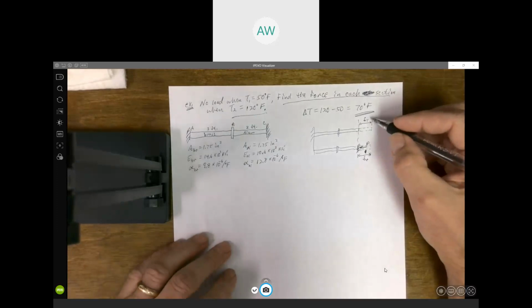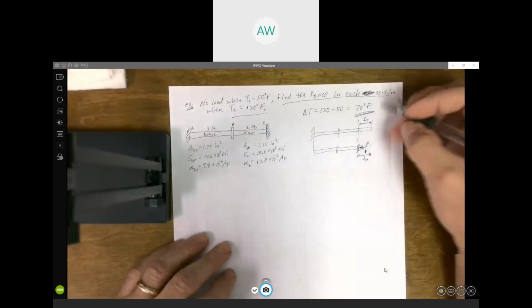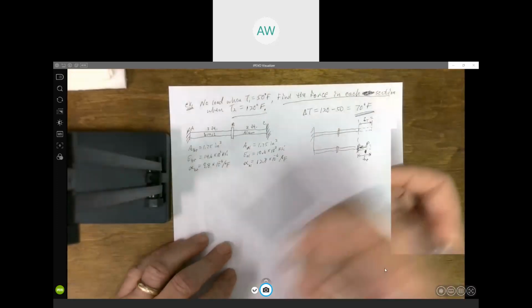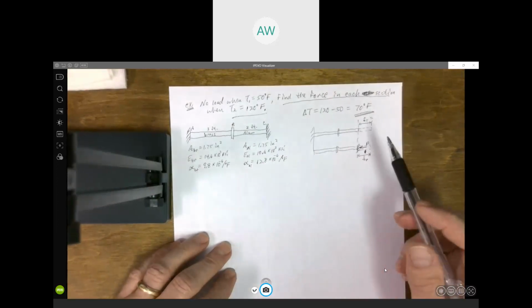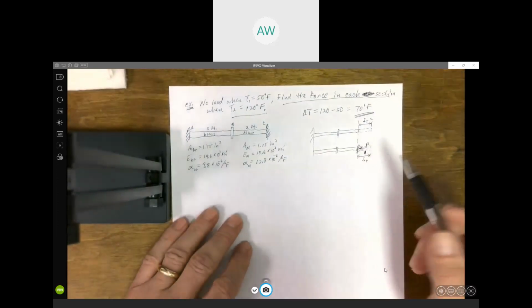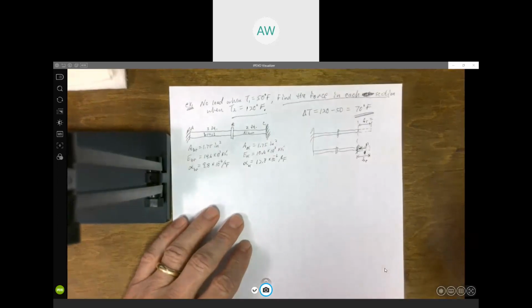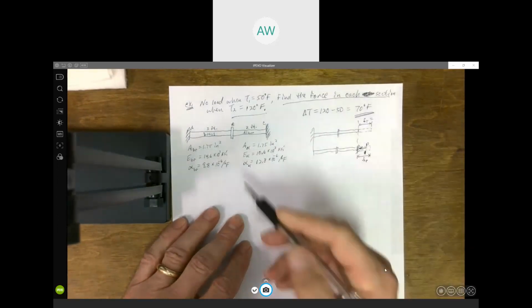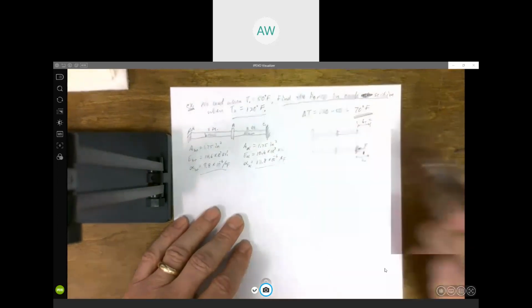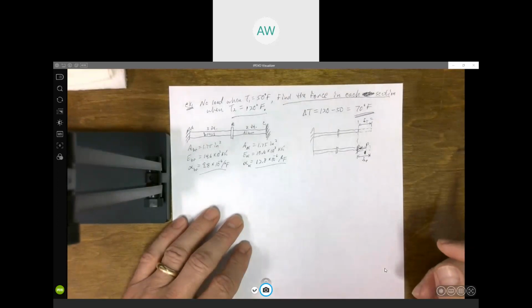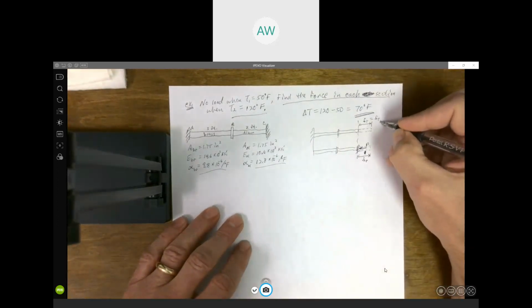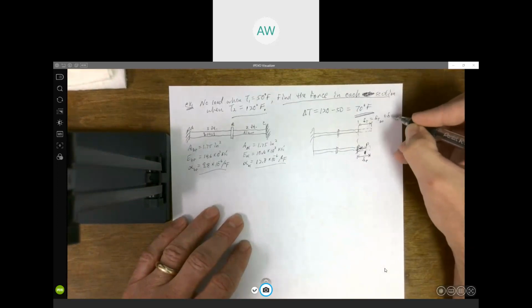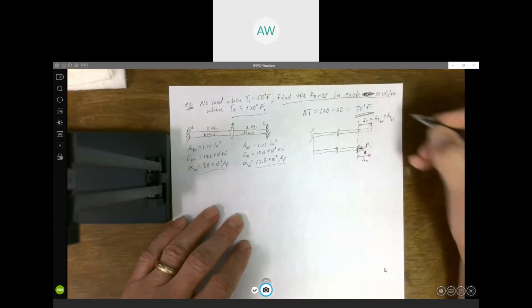Now, this amount that it wants to expand, unlike the previous problem where we had just one material, just concrete, here we've got two different materials. They're going to expand by different values because two different materials have different properties. So this is going to be due to the brass plus the aluminum.